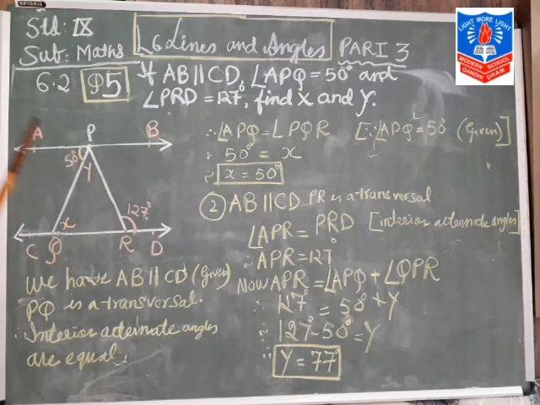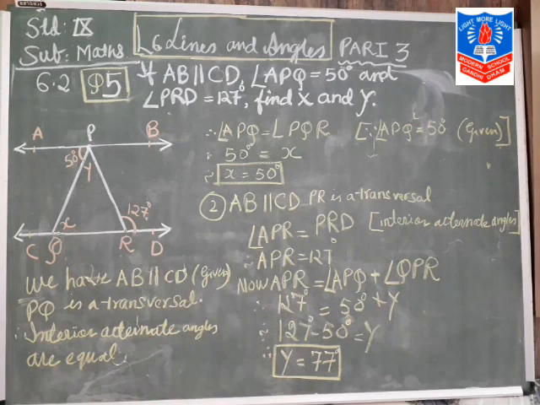We know APR equals PRD, interior alternate angles. So APR is 127, APQ is 50 plus QPR which is Y. So 127 minus 50 equals Y. So Y equals 77.